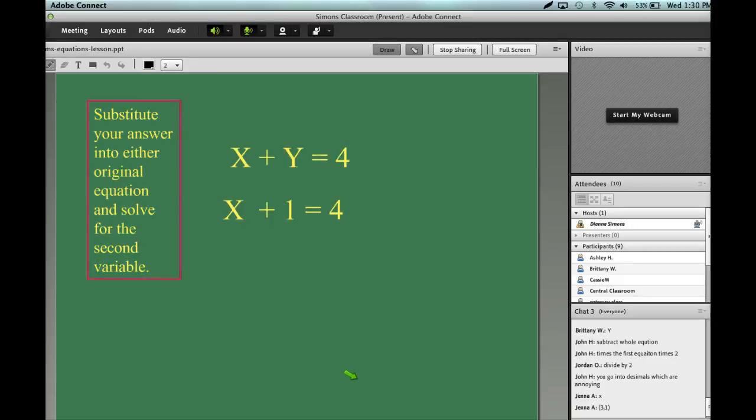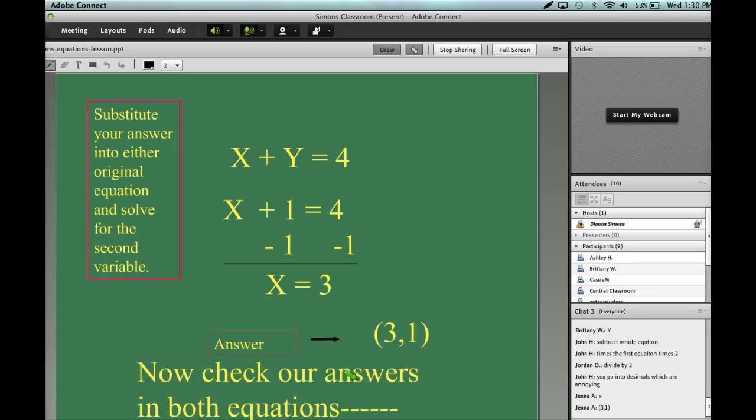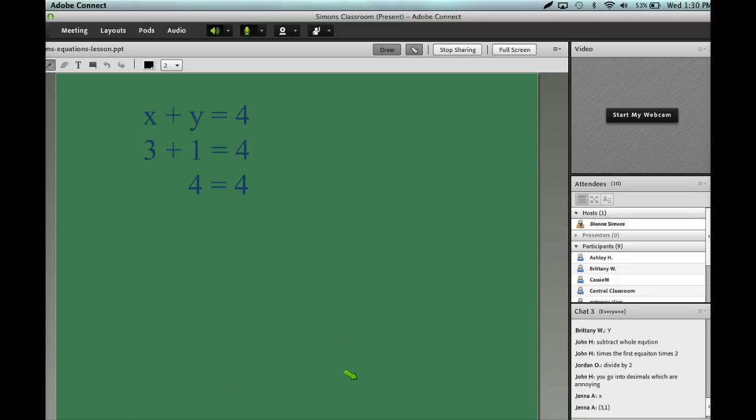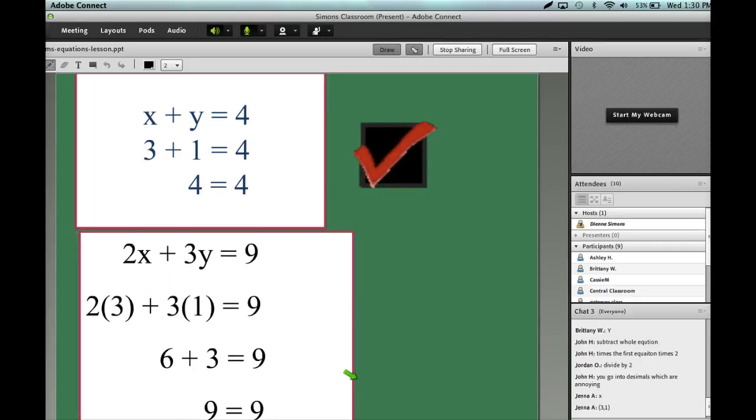Either equation. Again, this is a personal choice. Whichever equation you want to use, whatever is easiest. That works. That's the end. Oh boy, that was perfect.